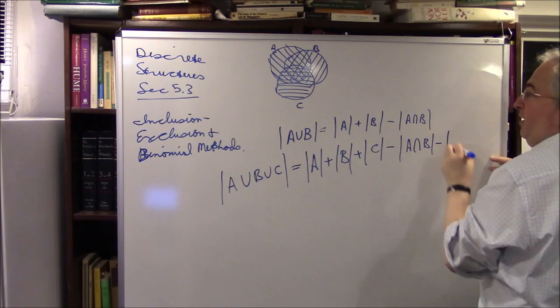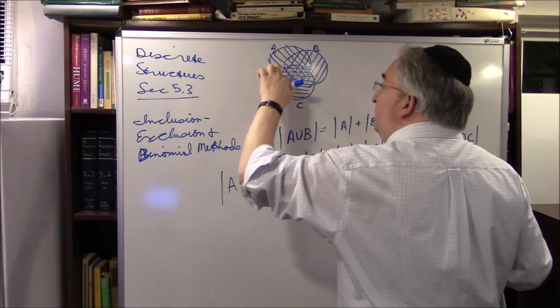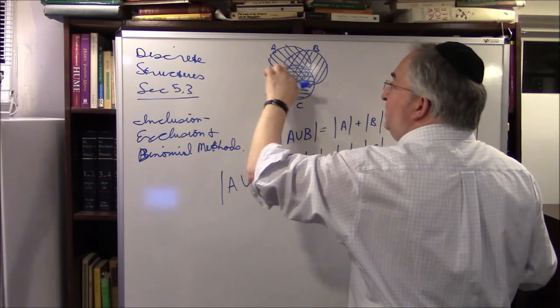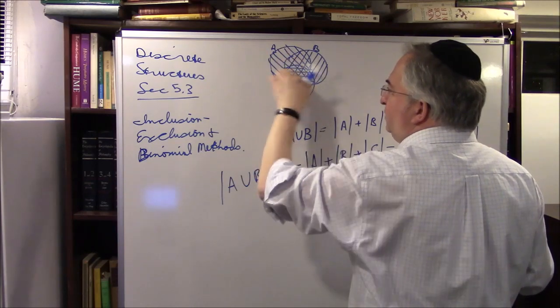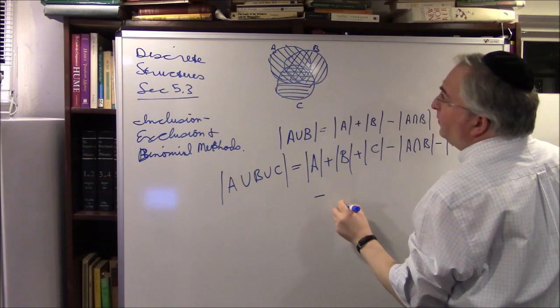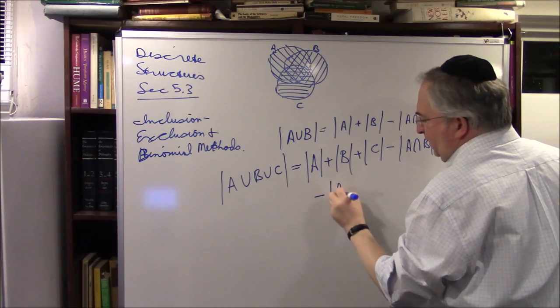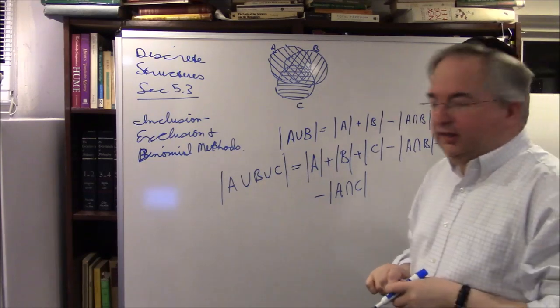So minus B intersect C. Same thing here, A intersect C. I did it twice. You see there are lines going this way and lines going this way. So it's minus A intersect C.